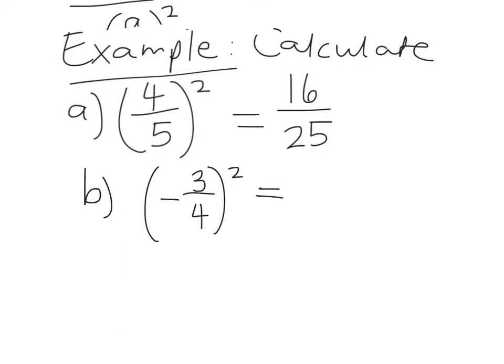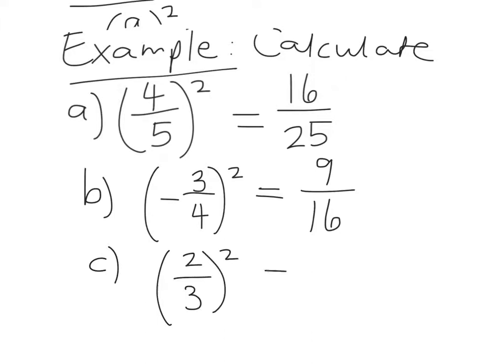A negative times a negative is a positive, and 3 times 3 is 9, and 4 times 4 is 16. If we then have 2 over 3 squared, we get 2 squared over 3 squared.